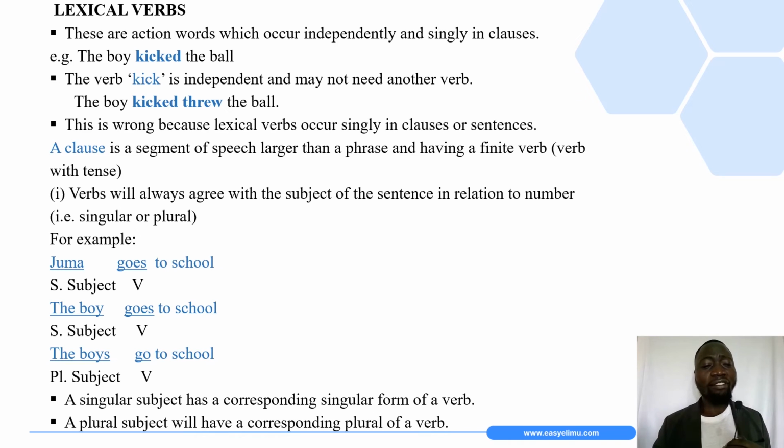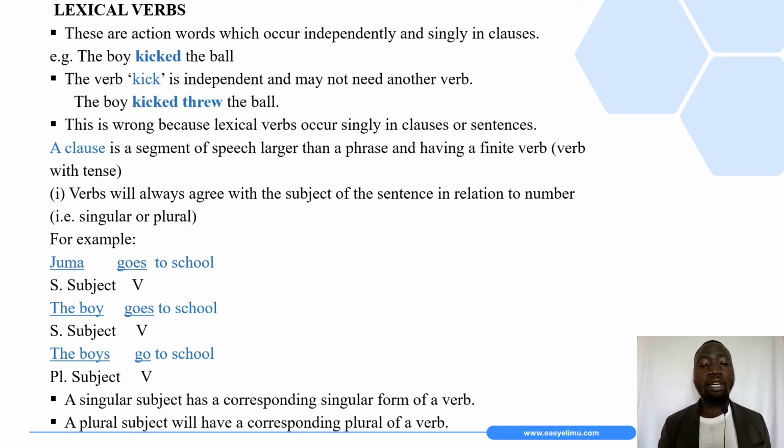So another thing worth noting, dear students, is that verbs will always agree with the subject of the sentence in relation to number. So whether singular or plural. So if we have a singular subject in a sentence, then the verb that will be used will be a singular verb. And if we have a plural subject in our sentence, the verb that will follow the plural subject must also be in plural. So consider these examples. In our first example, we have Juma goes to school. So Juma is a subject, and in this case, it is a single subject because it is talking about one person.